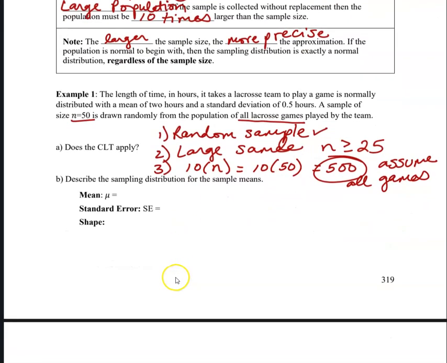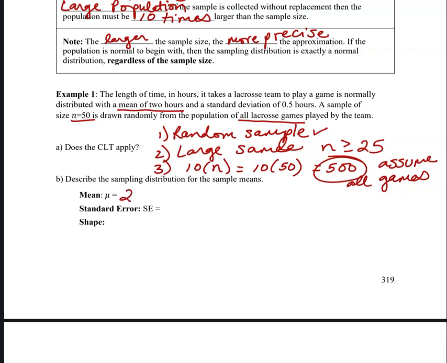So what does the central limit theorem tell us? It tells us that our sampling distribution for the mean length of all their lacrosse games is going to follow a normal distribution. The mean is going to be the same as the population mean, which was 2 hours. So mu is 2.